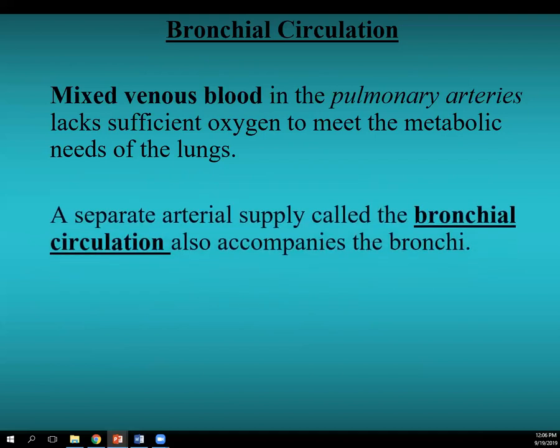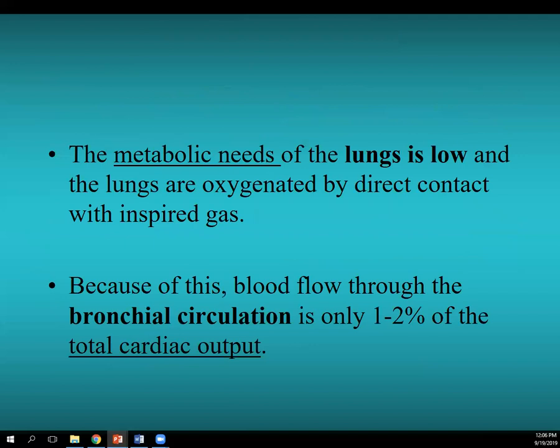A separate arterial supply called the bronchial circulation also accompanies the bronchi. And the metabolic needs of the lungs are low, and the lungs are oxygenated by direct contact with inspired gas. So because of this, the blood flow through the bronchial system is only 1 to 2% of the total cardiac output.